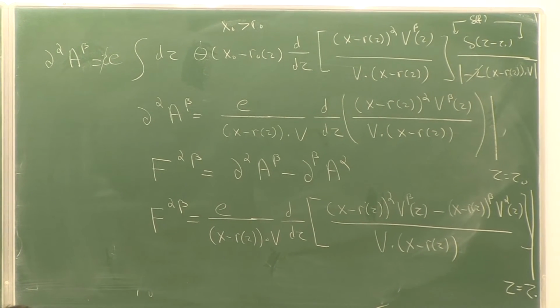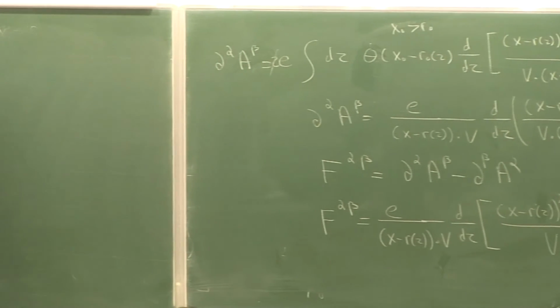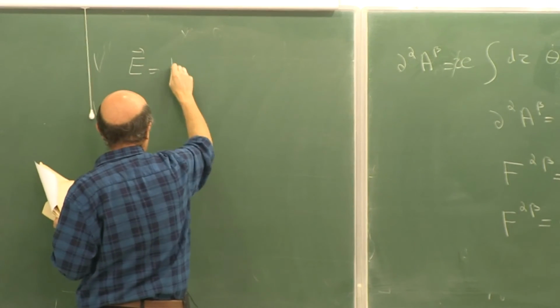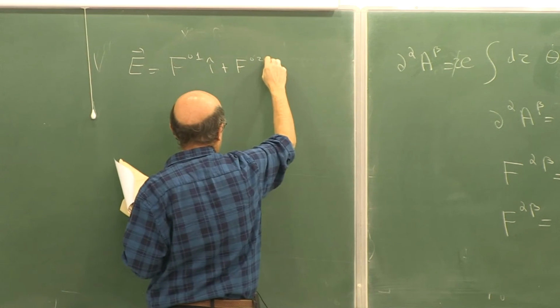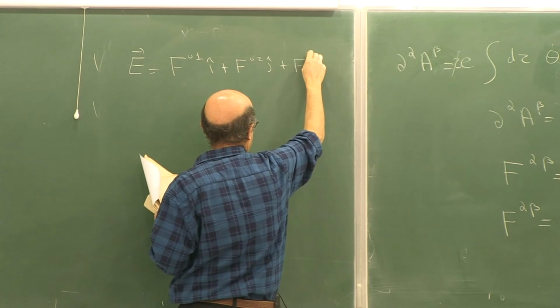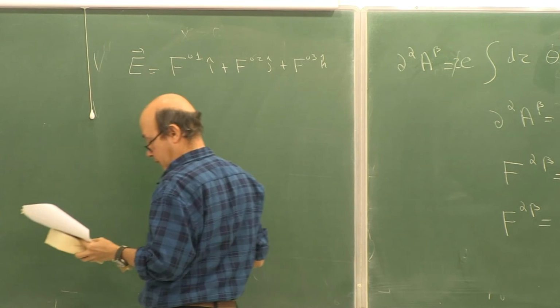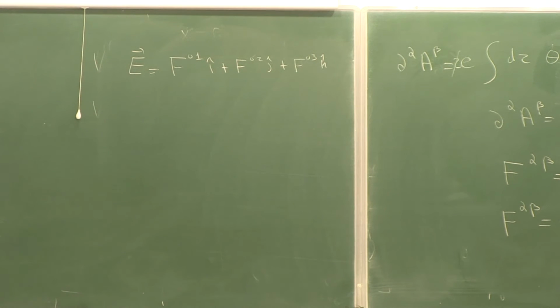So for example, if you want to calculate the electric field, you have to write 01 I, 02 J, 03 K, and basically you have to evaluate those derivatives with respect to the proper time.